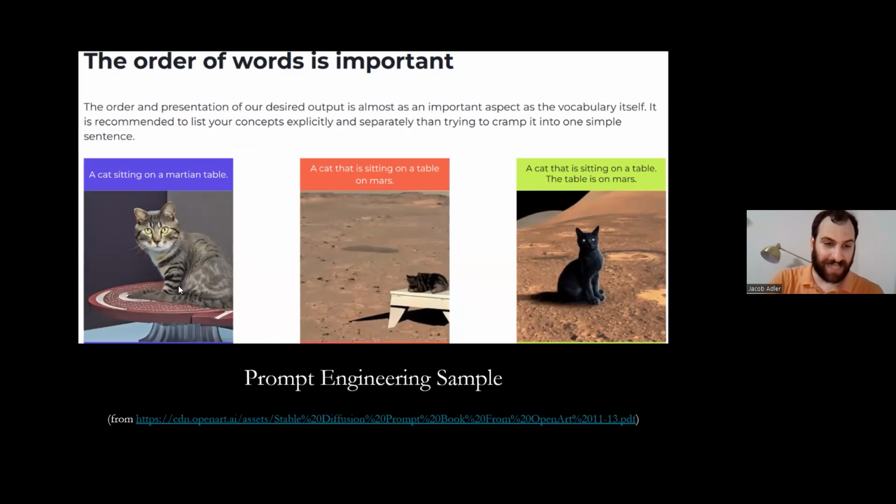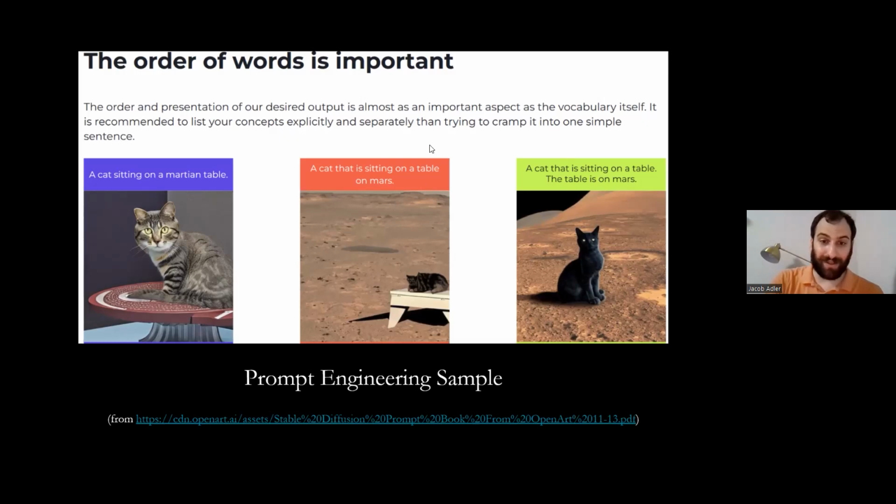Now, that is in fact a cat, the resulting image, but it is sitting on a table that is stylistically, visually similar to Mars, which I don't think is quite what they were going for. And if you direct your attention to the one on the right-hand side, this one says a cat that is sitting on a table, the table is on Mars. Well, there is a cat, and that does look like the Martian surface, but it seems like the image forgot to put the table in there, so that isn't quite right either.